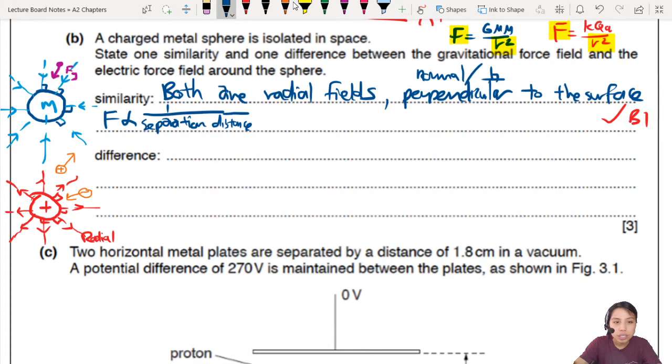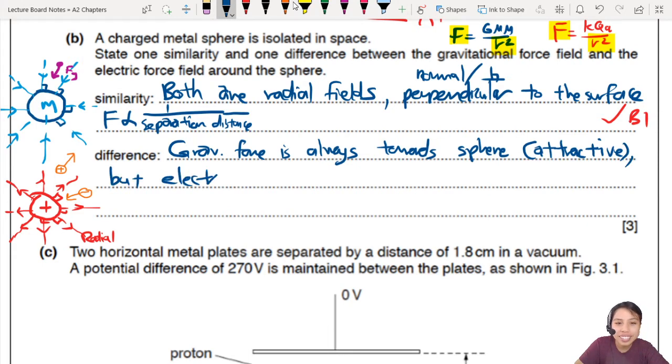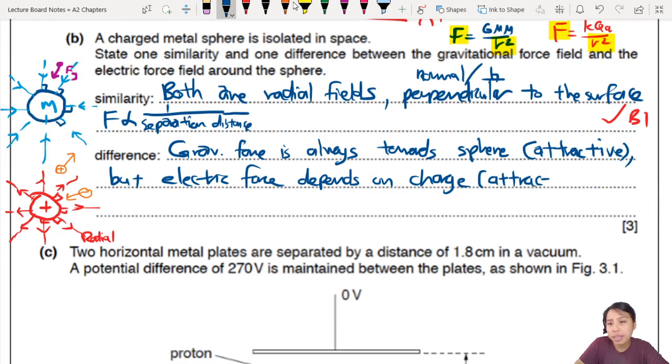So you can say gravitational force is always towards the sphere. This is what we call attractive. Two masses always attract. Let's put here attractive. But the main difference, electric force, it depends. Depends on what? The charge. If it's positive or negative, it can be attractive or repulsive.